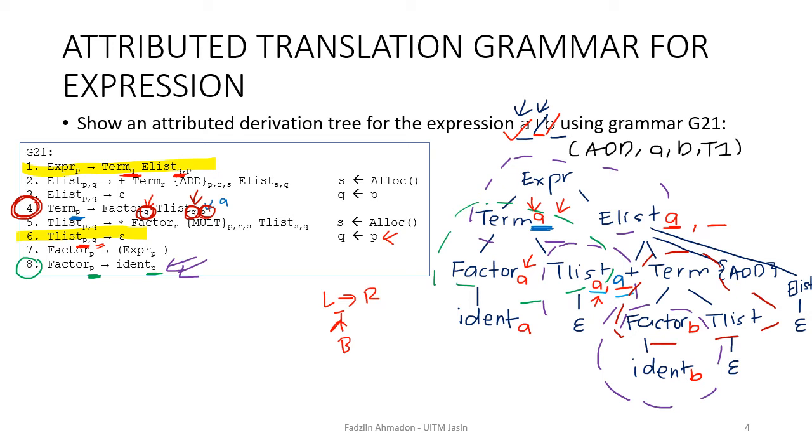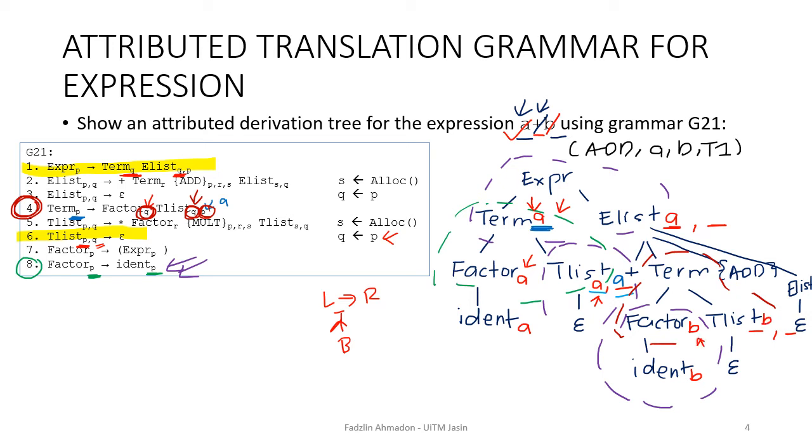Therefore, the value of T-list over here, okay, T-list has two attributes, Q and also P. So the first attribute will be B, because this is the same attribute as this.